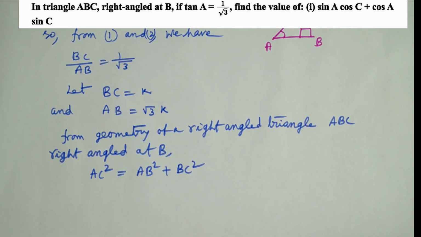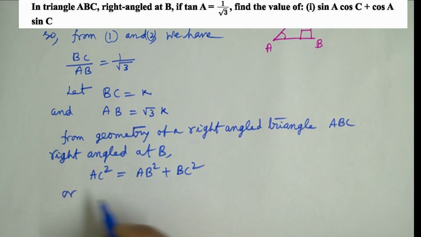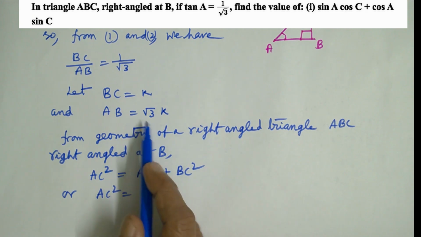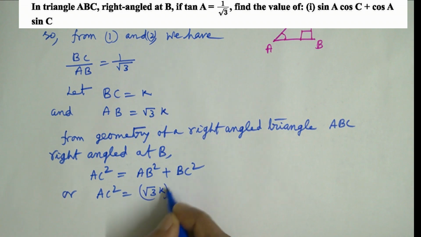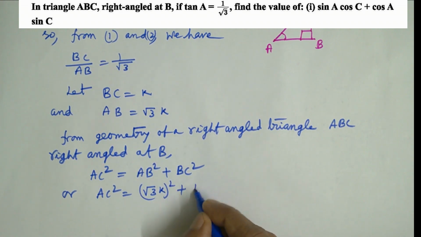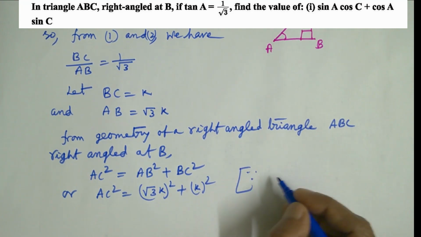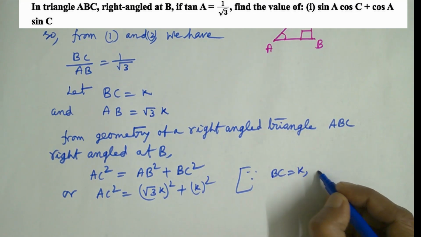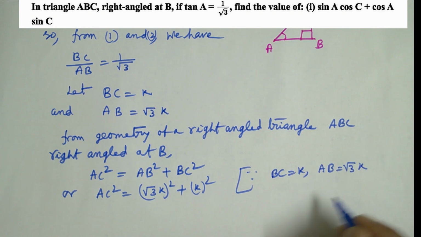Now we know the values of BC and AB, so put the values. AC square is equal to AB, that is root 3K, whole square, plus BC, that is K, whole square, as BC is equal to K and AB is equal to root 3K.